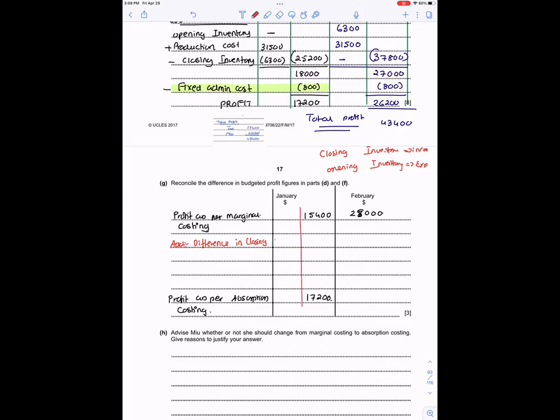So 900 units, you will just add back the 2 rupee difference. So you will get this profit as per absorption costing. Did you check?